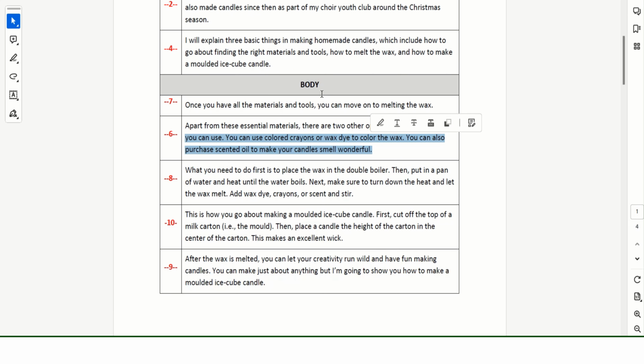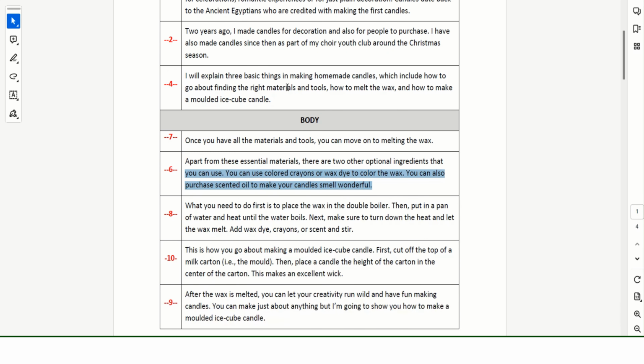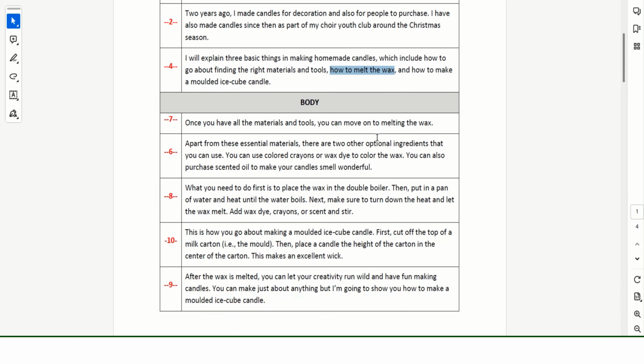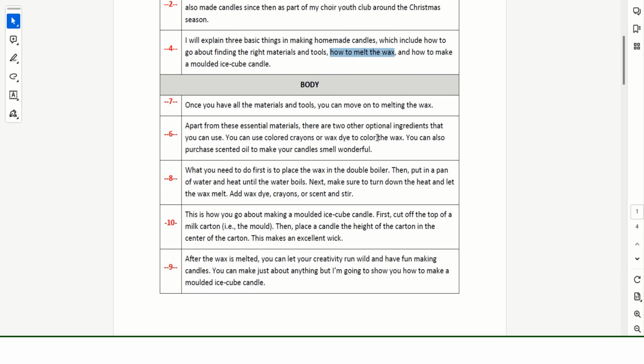Okay, next, remember that in the paragraph earlier, which is the introduction, the first step is finding the right materials and tools. We have covered that. Then we go to the second step, which is how to melt the wax. So you will know by now, the next thing will be about melting the wax. Okay, all right. So let's have a look at this part. Once you have all the materials and tools, you can move on to melting the wax.